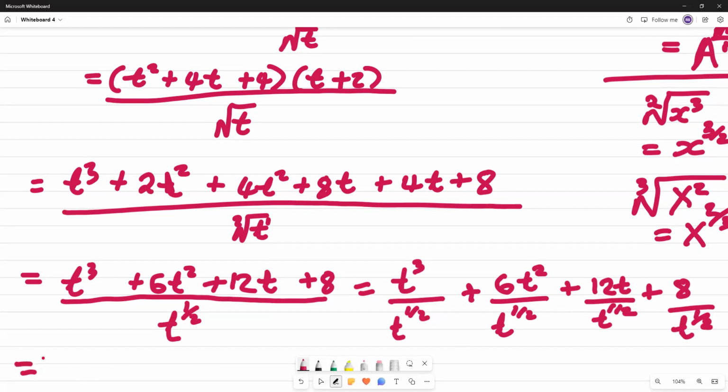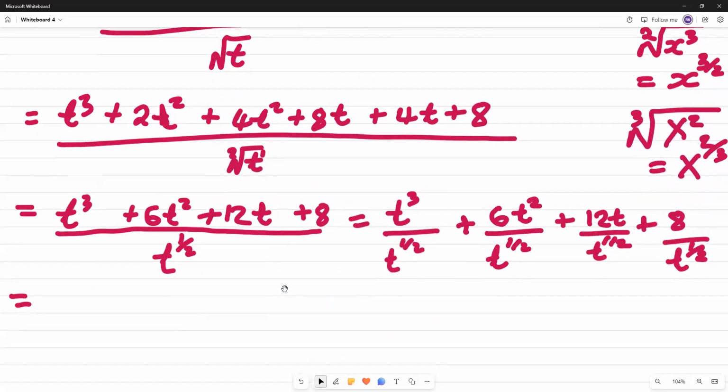Then let's see what that gives us. Always when you have one term at the bottom, you split it over all the terms at the top. Now remember, the laws of exponents say if I have the same base, I have to subtract the exponents. So what is 3 minus 0.5, or half?